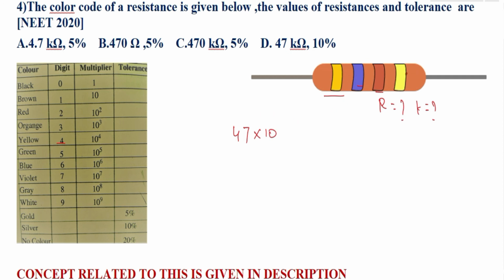And the color of fourth band is gold, that is your tolerance, 5%. If I arrange, it will be like this: 470 ohm plus or minus 5%. That is option B, where the resistance of this resistor is 470 ohm and it gives a tolerance of 5%.